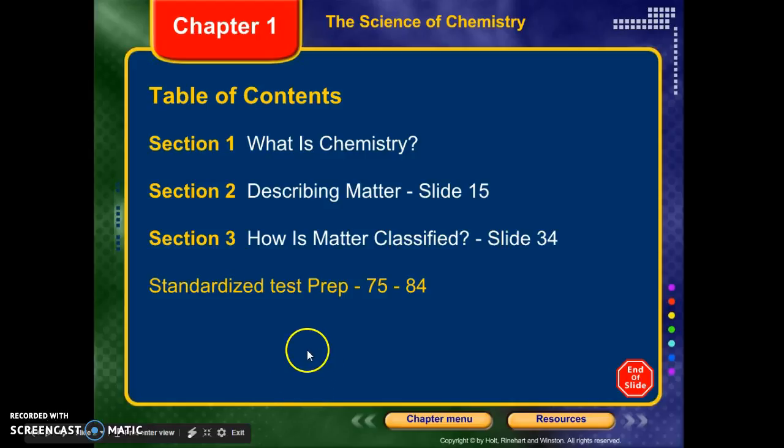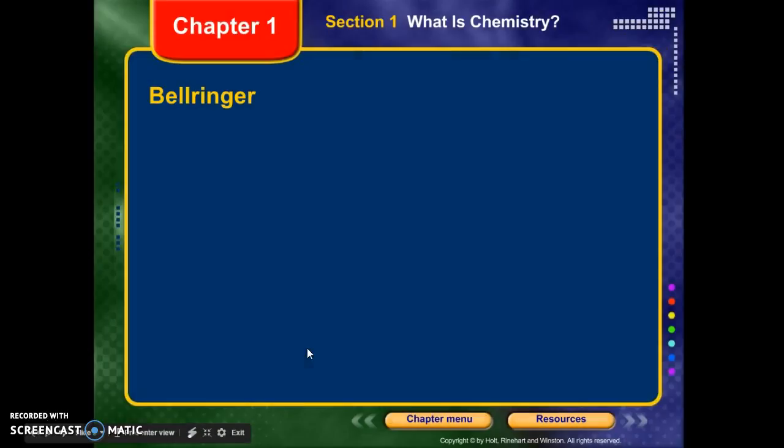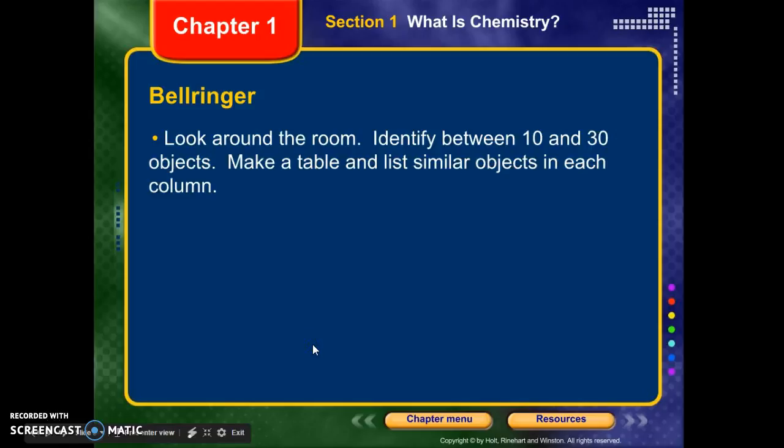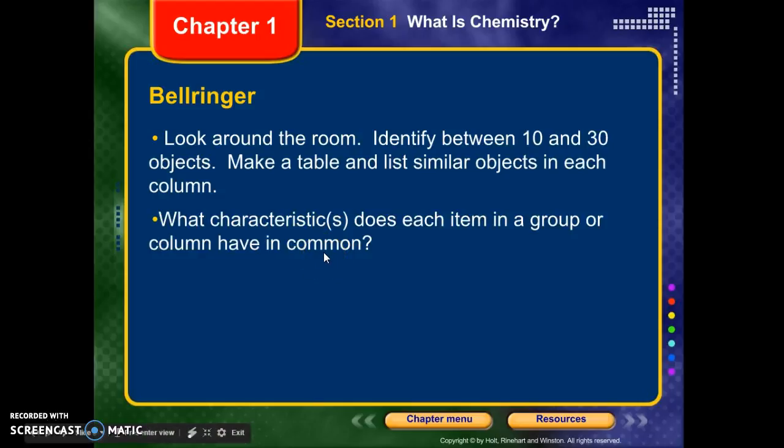And when we finish with this, I would like you to look around the room you're in and identify 10 to 30 different objects and make a table with 3 or 4 columns and list these items in each column by something that makes each one of the objects similar.